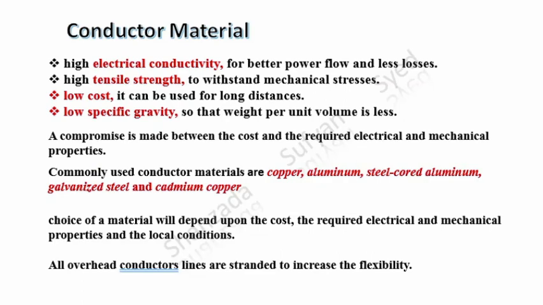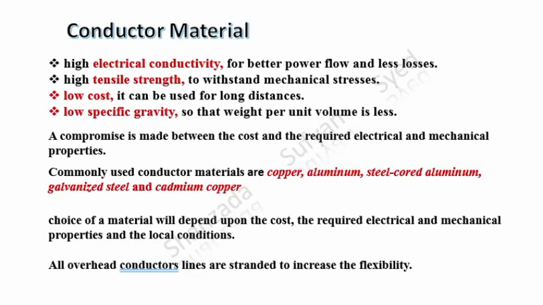Conductor material. The proper choice of material and proper size of conductor leads to a better power transmission. So an ideal conductor material must have the following properties. The conductor must have high electrical conductivity for better power flow and less losses.